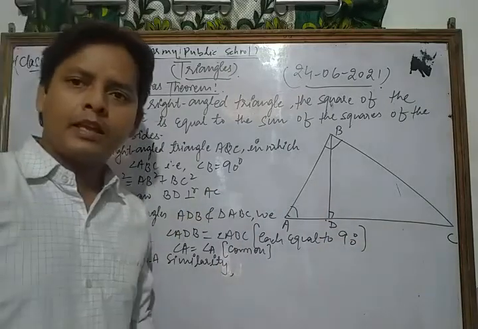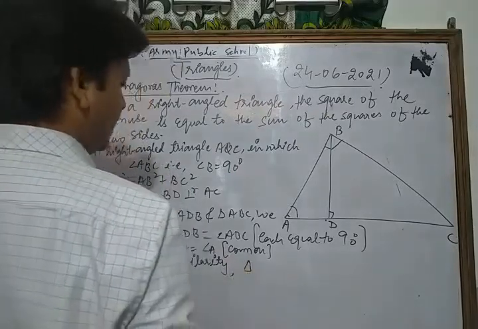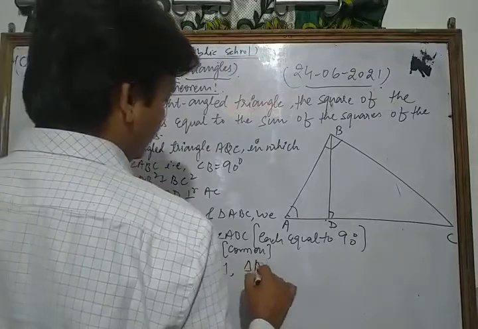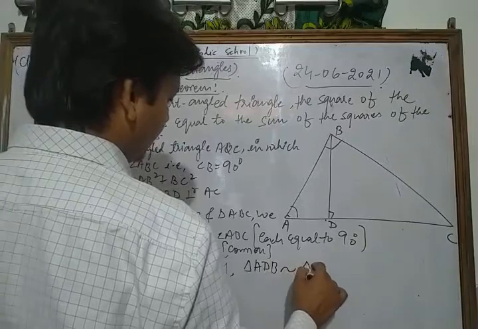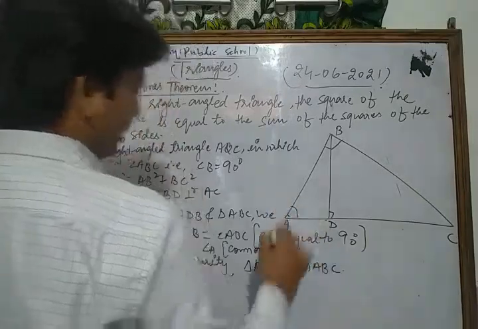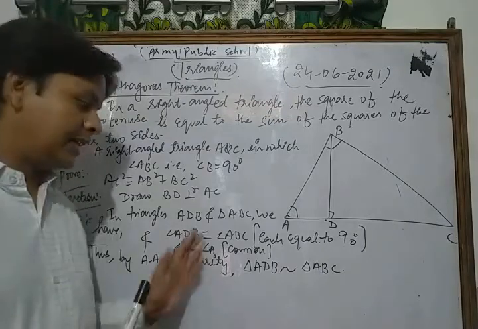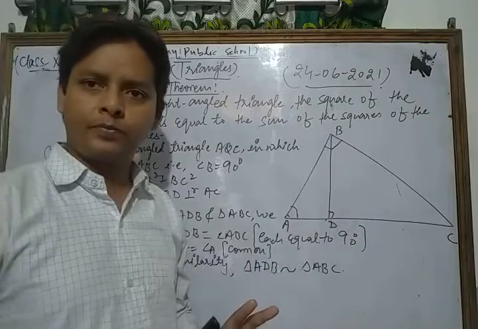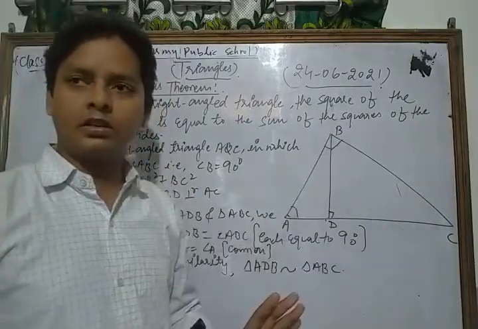Thus by AA similarity, triangle ADB is similar to triangle ABC.